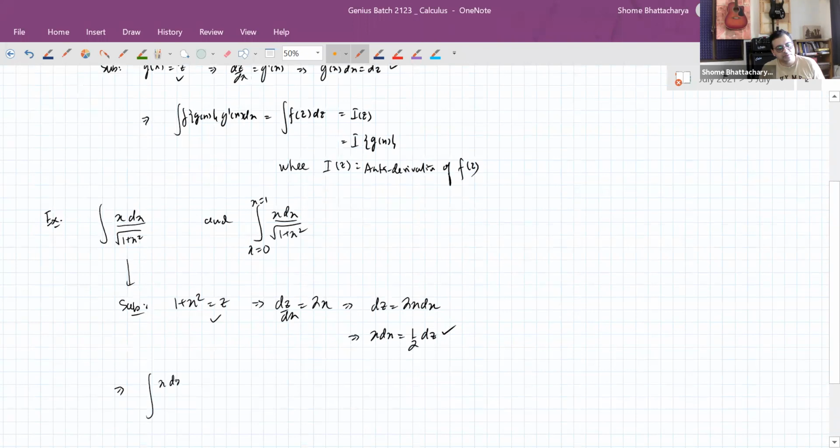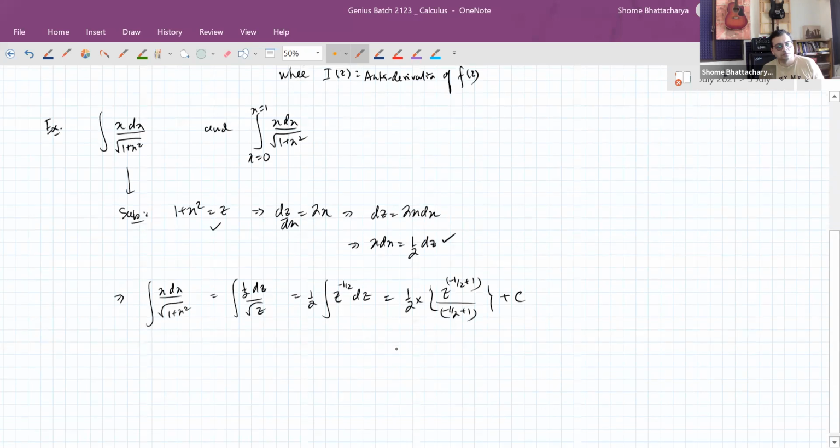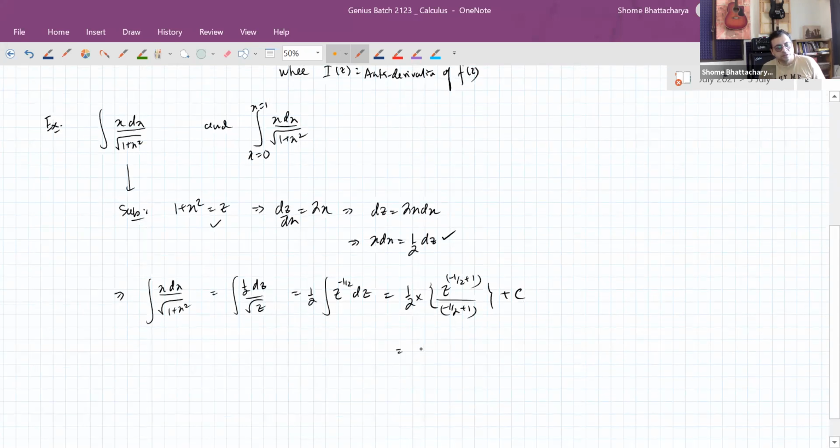So the integration becomes this, which can then be solved like this by the formula. So very good. Those of you who sent me the answer, it is correct.